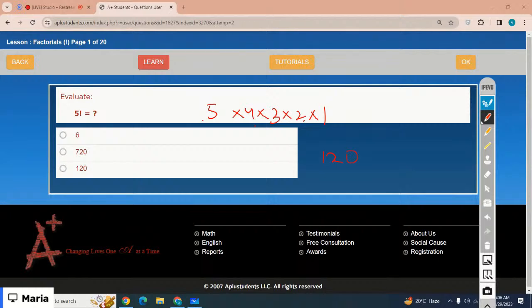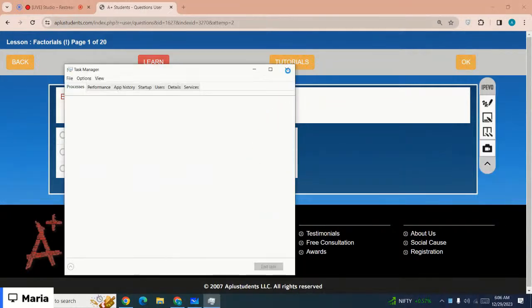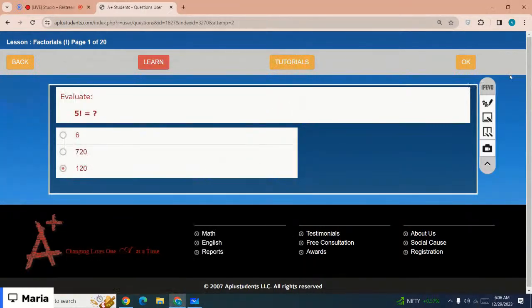Got it? 5 factorial equals 120. The last option is the correct option.